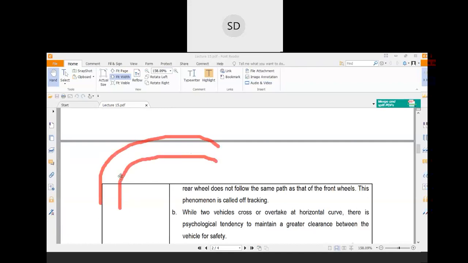Suppose this is a horizontal curve, and suppose this is the front wheel assembly.